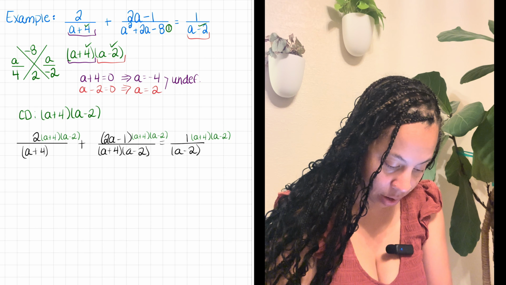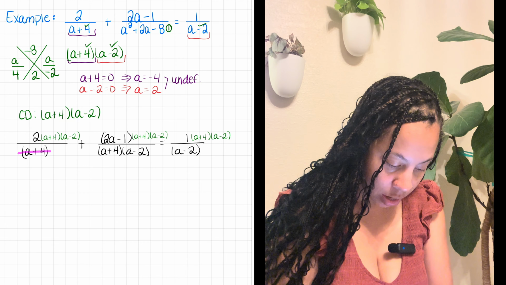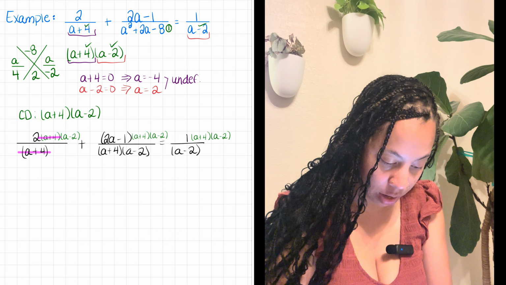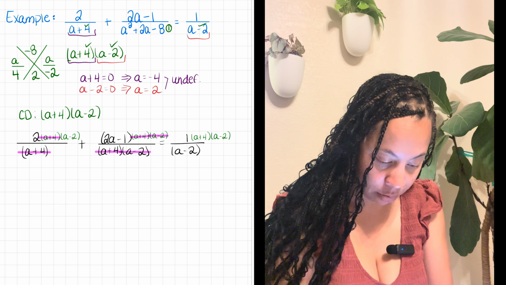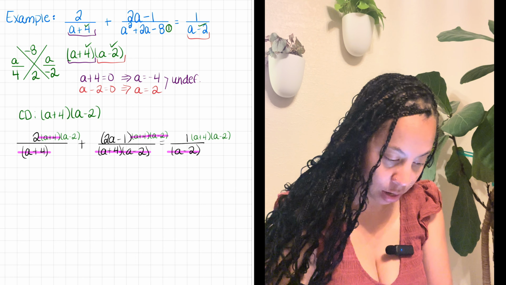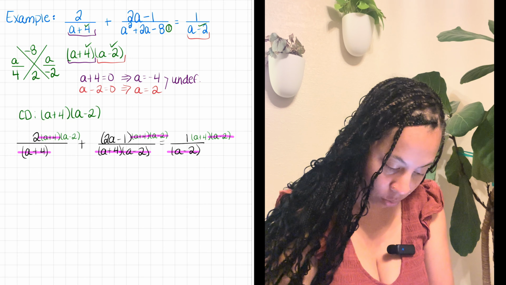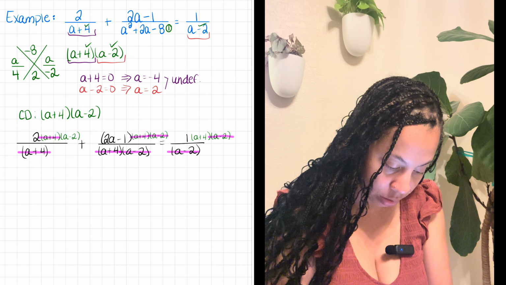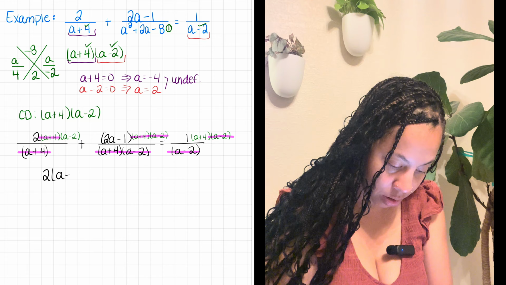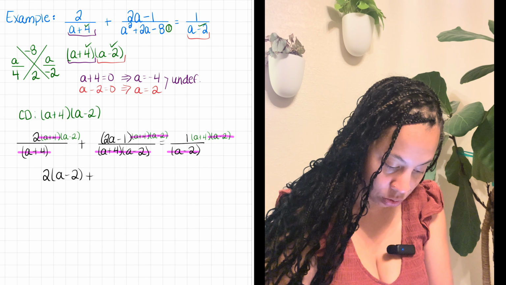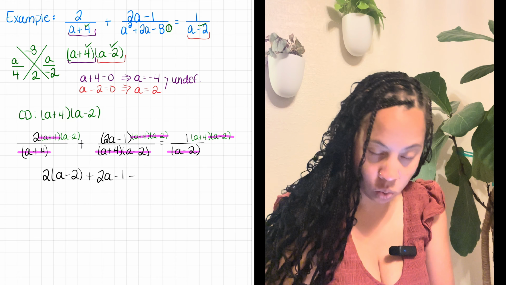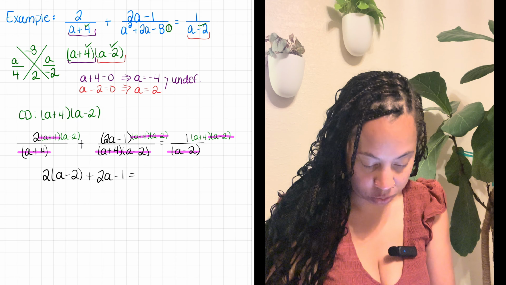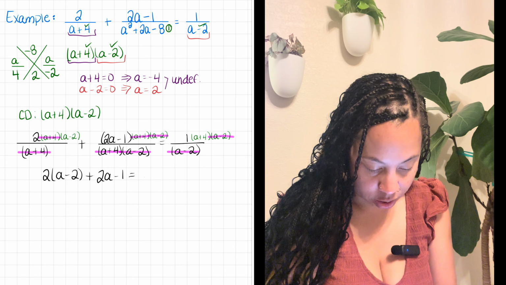Here we have an a plus 4 that cancels, and an a minus 2 here that cancels. So let's rewrite what we have left. We have 2 parentheses a minus 2 plus 2a minus 1 equals, and 1 times anything is itself, so I'm just going to put the a plus 4 here.